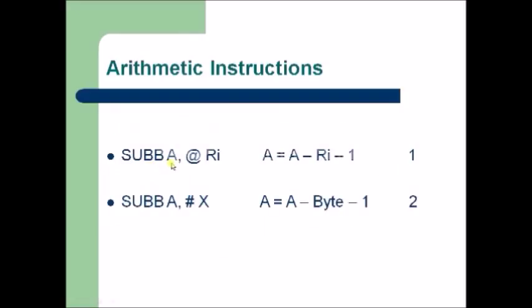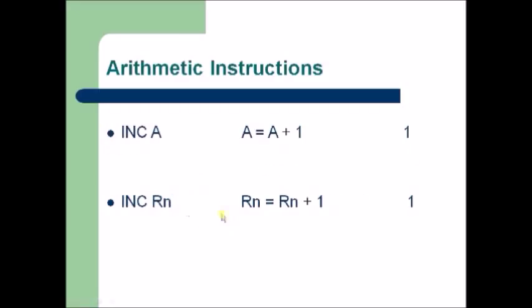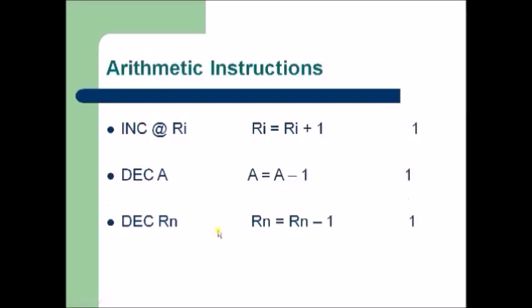Now SUBB A comma @Ri. So here it does the same thing as we have discussed for add, that is value at Ri subtracted from A as well as the carry or borrow, and the result will be stored inside A register. In the same way with an immediate value. INC A, so it increments this particular register, and the result is again stored inside A. INC Rn, increment a particular register, that is R0 to R7, and again the result will be stored in the same register.